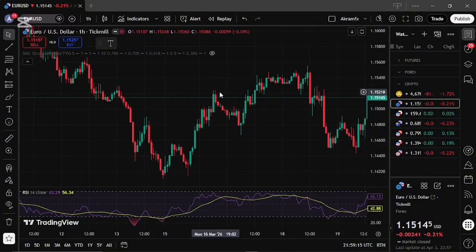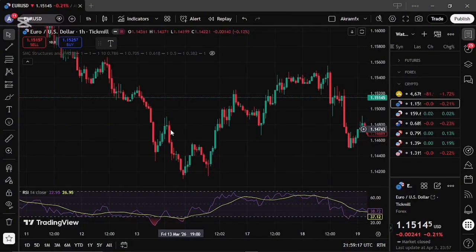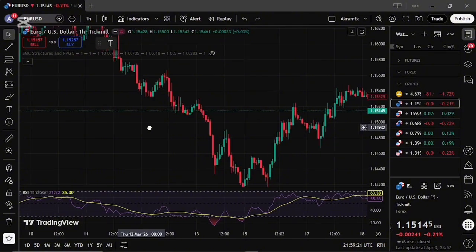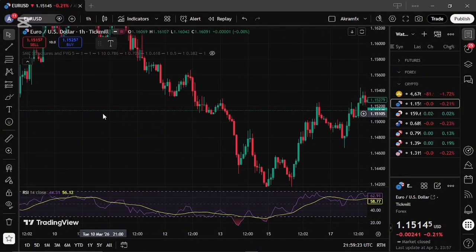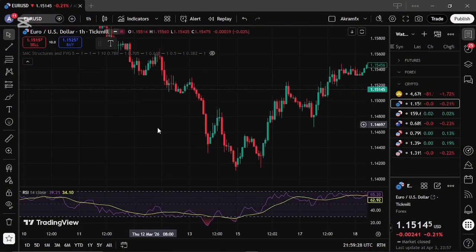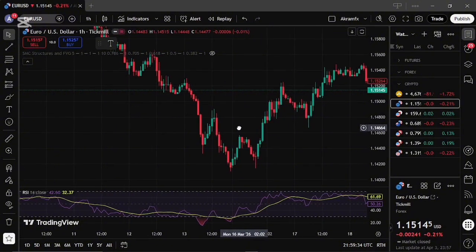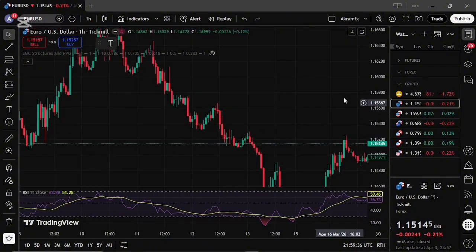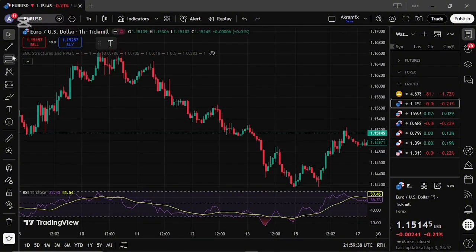Okay guys, now this is the Euro USD, as I told you, and this is the king of forex pairs, of all forex pairs that you've heard of. It's the most traded pair in the world, and it often moves cleaner. As you see, it's such a clean move.